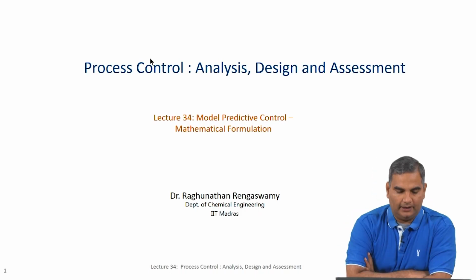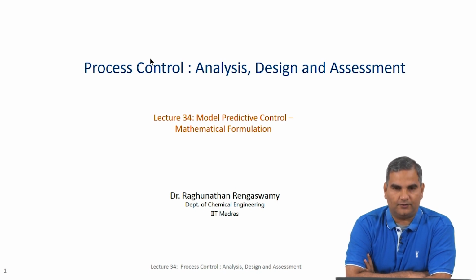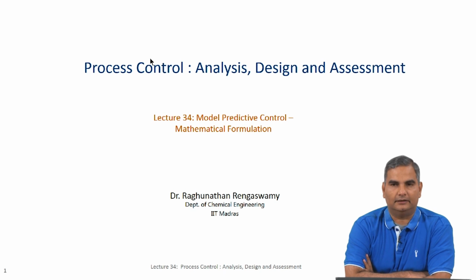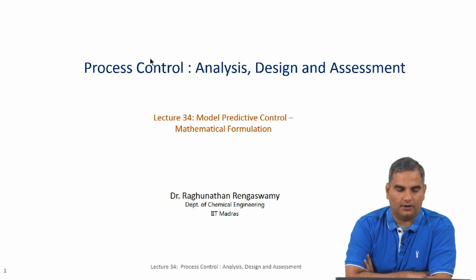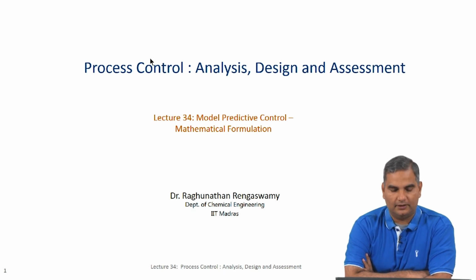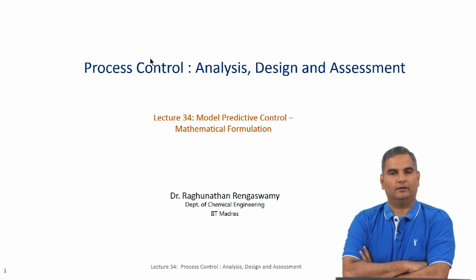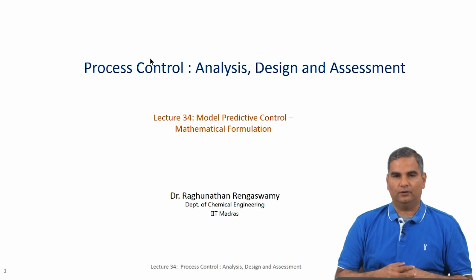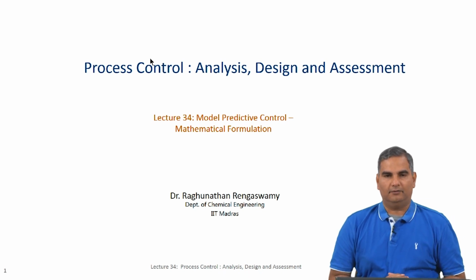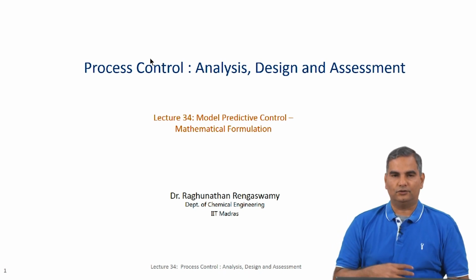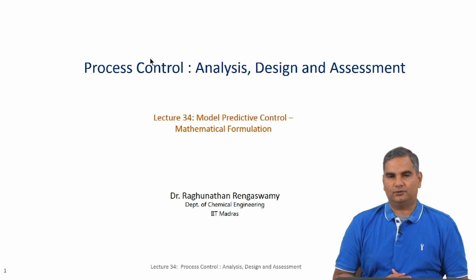In the last lecture, I talked about the conceptual idea of model predictive control, and then talked about the notion of an optimization problem that we will solve, the notion of control and prediction horizons, and basically explained how we are going to look into the future and then ensure that the future predictions are as close to the set point values as possible.